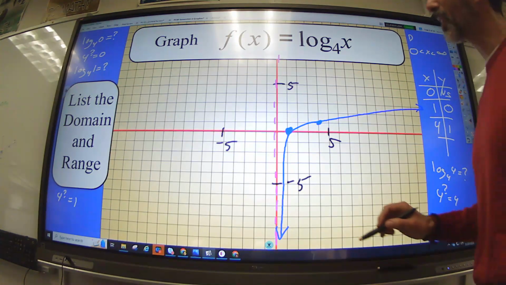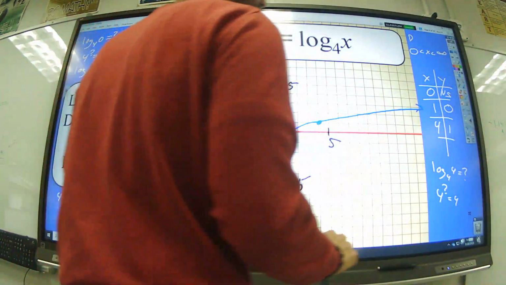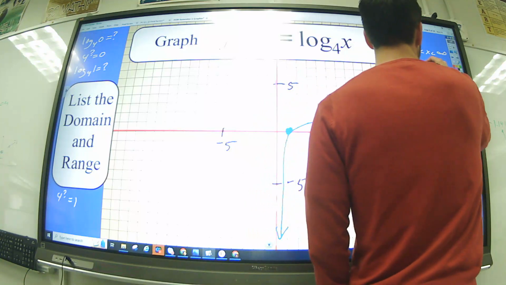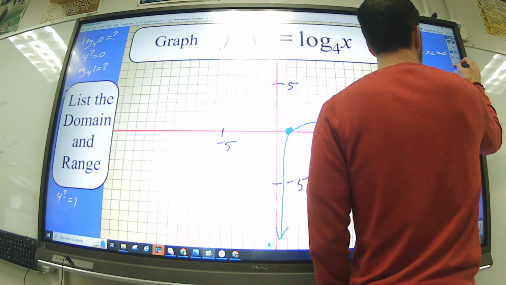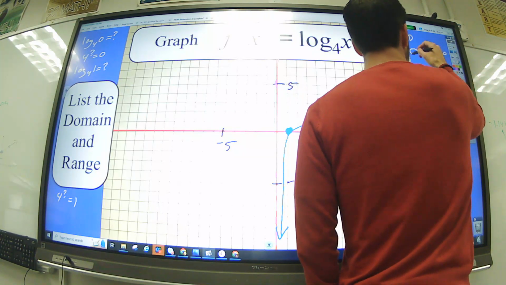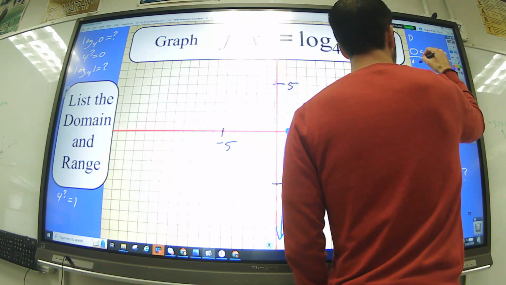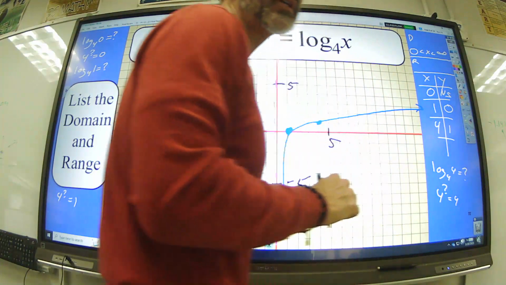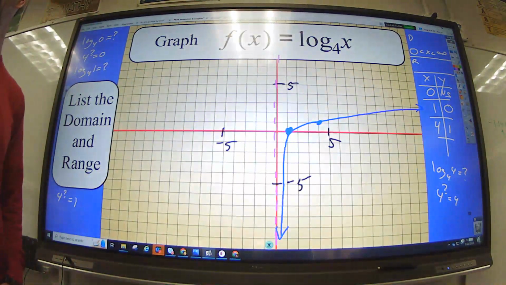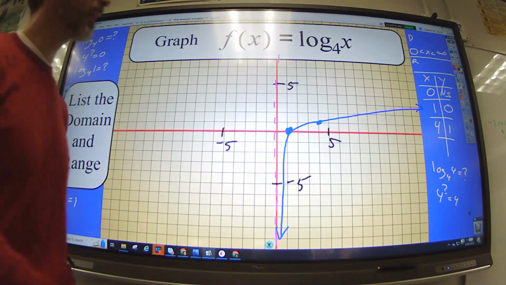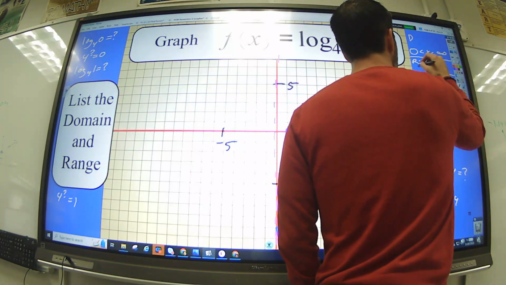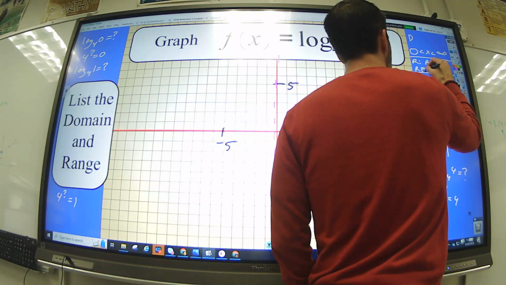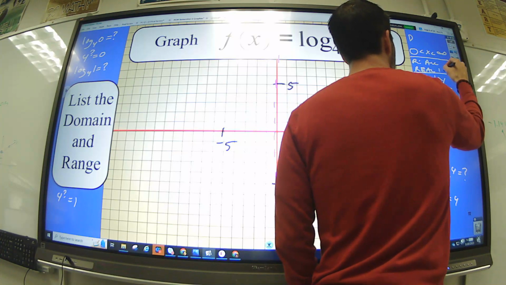I'm going to do a section here. Range is pretty easy. What is range? All real numbers.